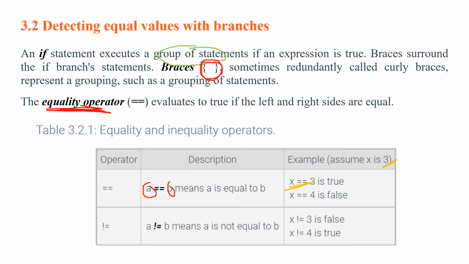Yes, it is 3, so it is true, and it executes the block of statements. For x == 4, it'll definitely be false, because x is given as 3 and it is being compared with 4, so it will get out of the loop.